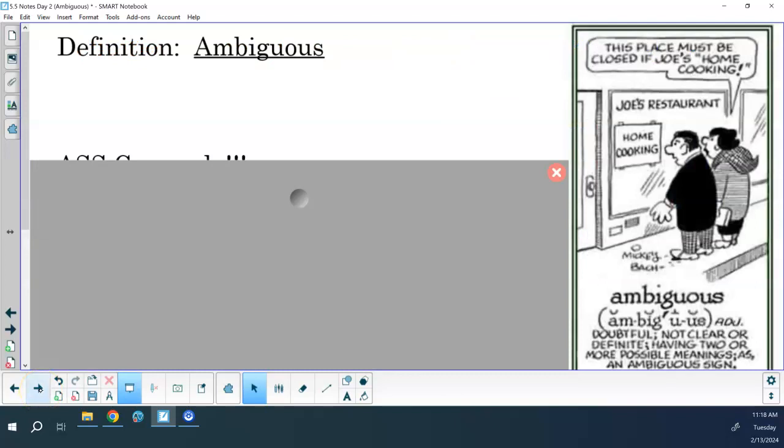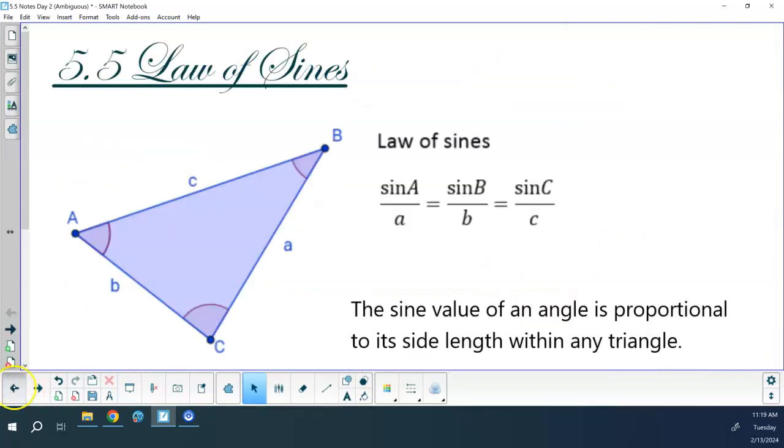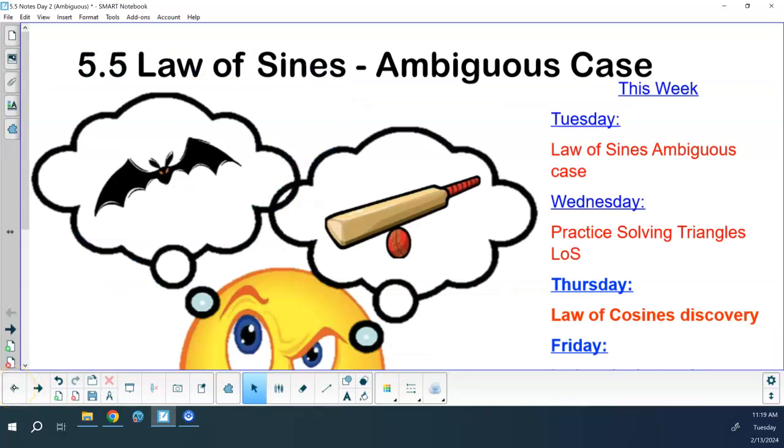So let's talk about what ambiguous means. This is in English now, not in math. What does the word ambiguous mean? Not clear. Open to more than one interpretation, right? You guys probably didn't notice it, but the opening slide picture today is an ambiguous thing.